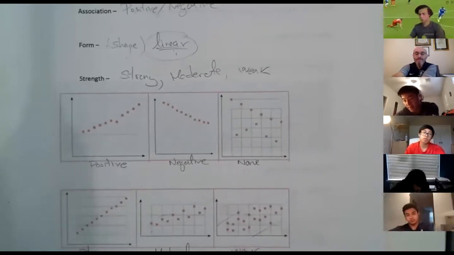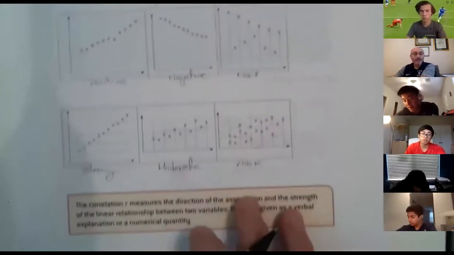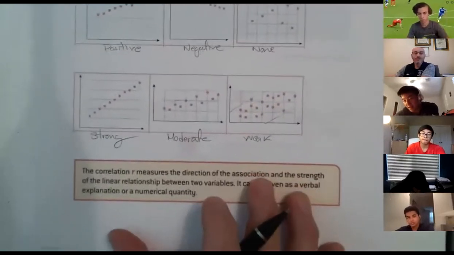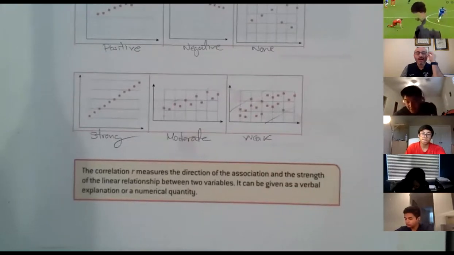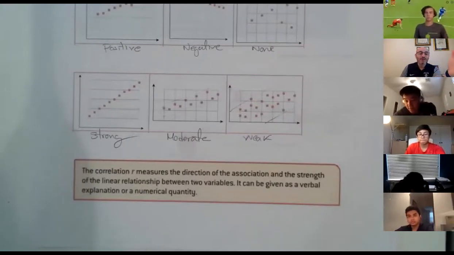All right. So then here we said that correlation. The correlation r measures the direction of the association and the strength of a linear relationship between two variables. It can be given as a verbal explanation or as a numerical quantity. All right.